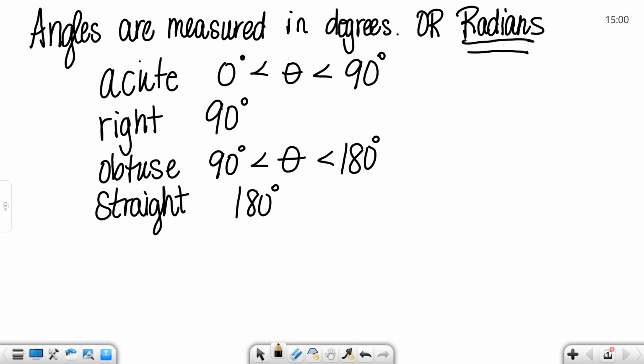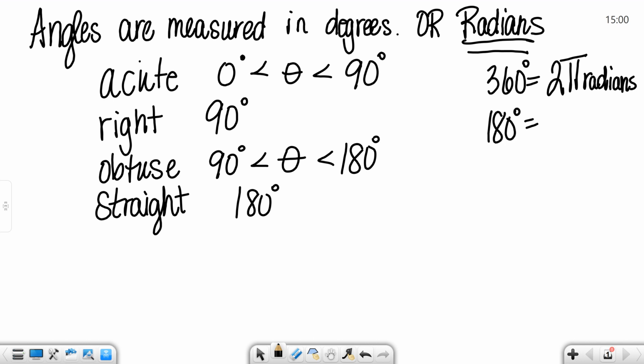The easiest way for me to describe how that is related to degrees is that for radians, we say 360 degrees is equal to 2 pi radians. That's easy enough. That means that 180 degrees would be equal to pi radians. Now pi is exactly what you think it is. That came from a circle.